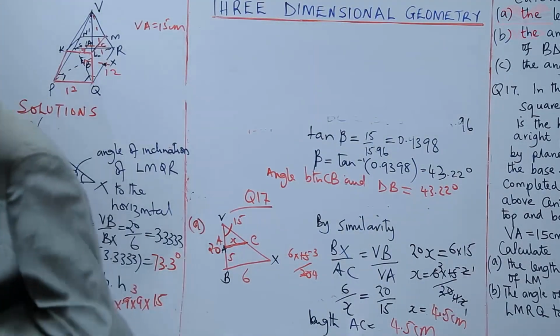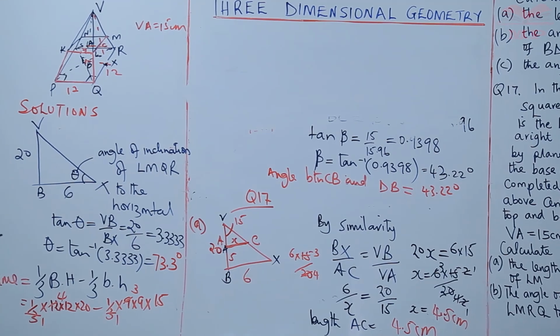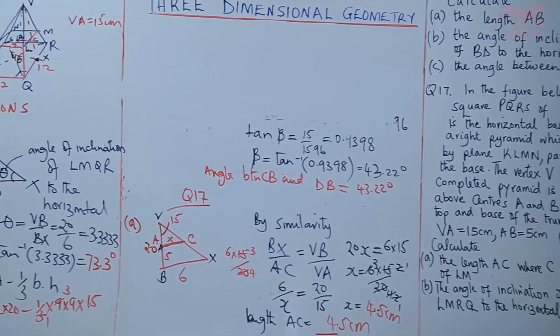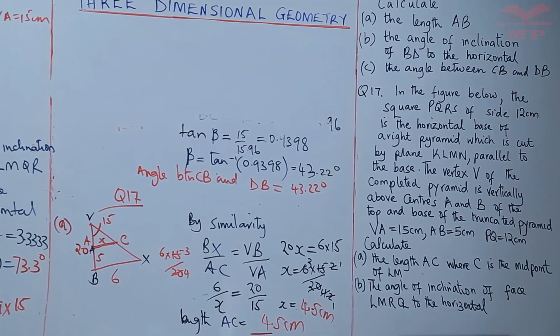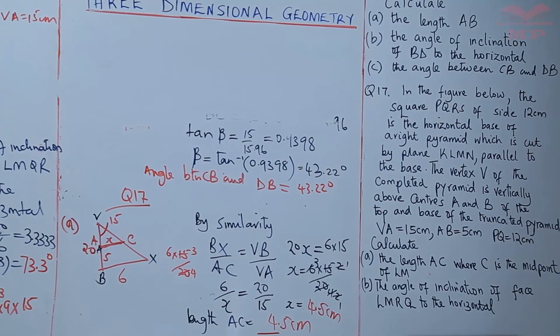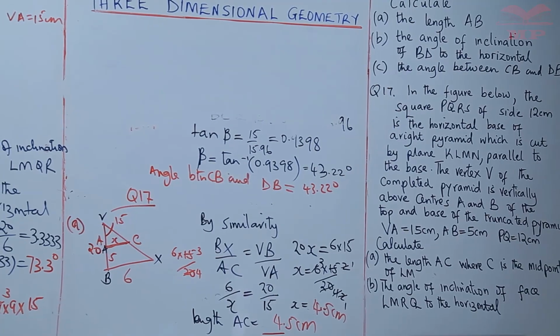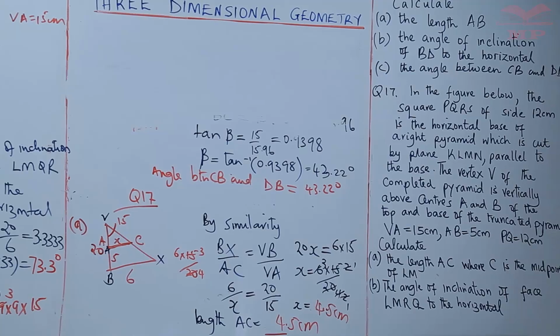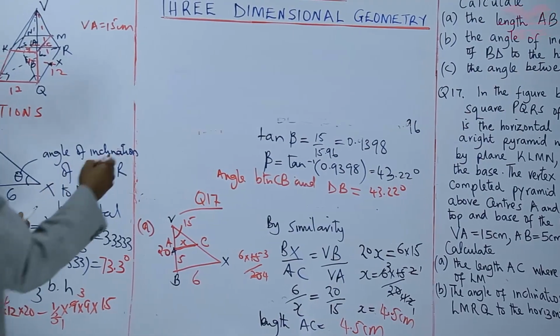So you check, get your calculator, come here. So you come here, 4 times 12 is 48. 48 times 20. You get 960.